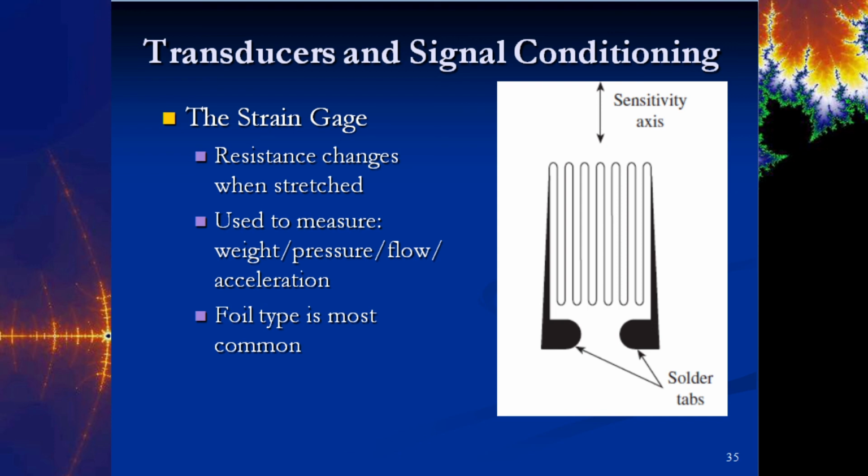Okay, and so these can be used to measure weight. Like if you have a home scale that you use to check your own weight, that's more than likely got a couple different strain gauges inside there that when you step on the scale, it flexes this, whichever way the axis is that it's supposed to flex, and it's going to change the resistance.